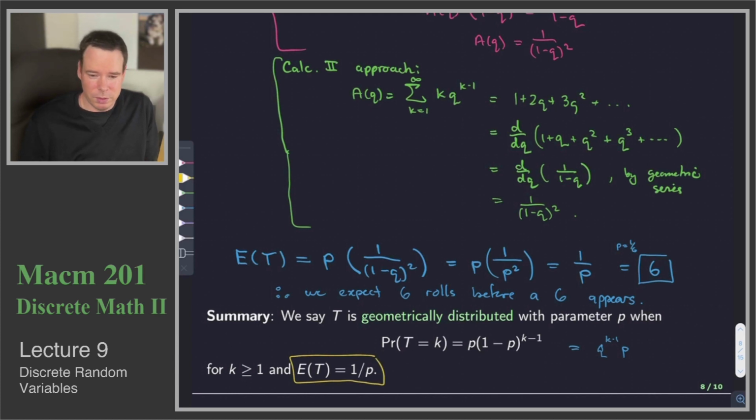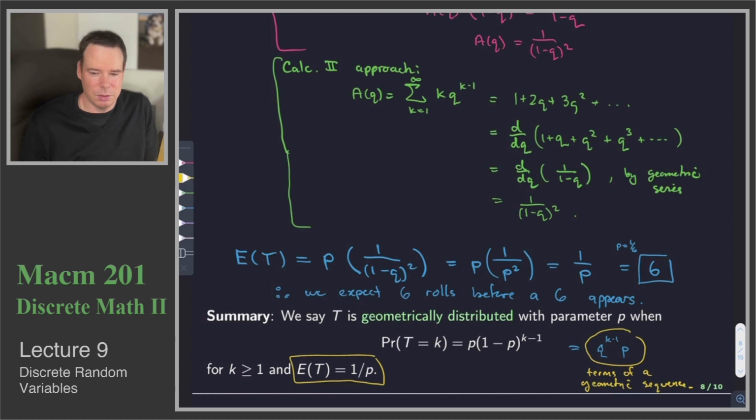Now, we call this a geometric distribution because these probabilities are the terms of a geometric series, or a geometric, I'll call it a sequence in this case. So what is a geometric sequence? It's one in which the ratio of successive terms is equal to some constant.